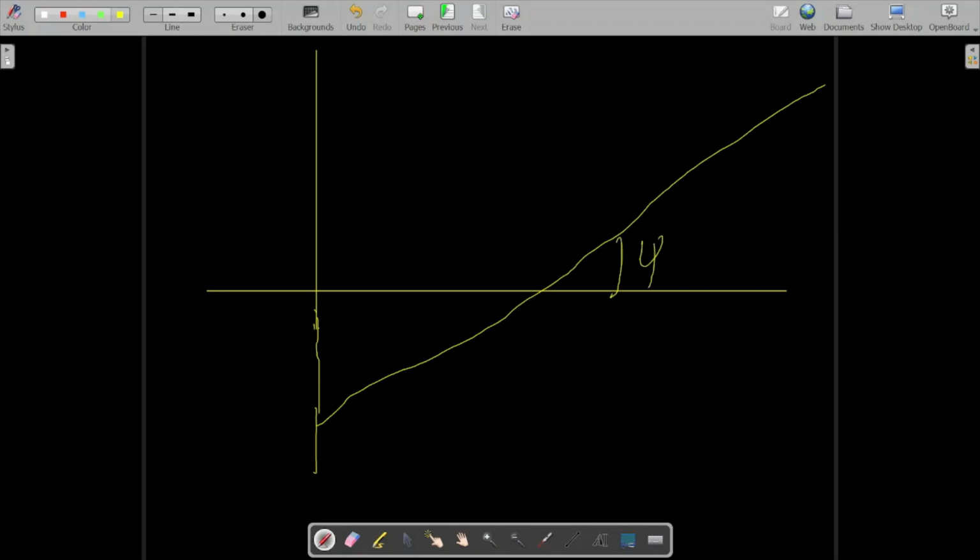This is your psi, E beta plus, against A to the power 2 by 3. Okay, this is how the graph looks.